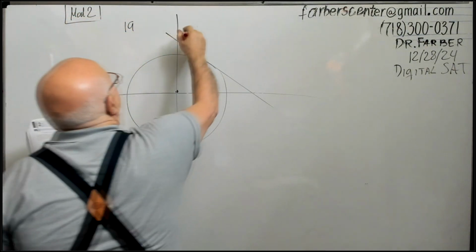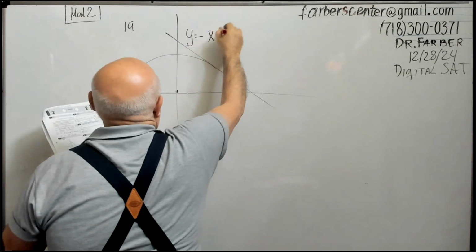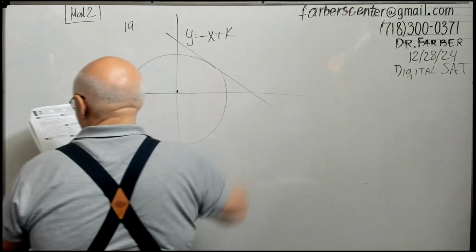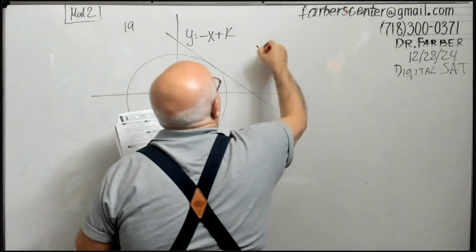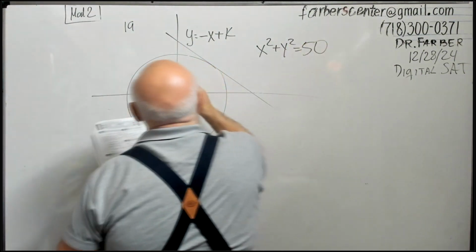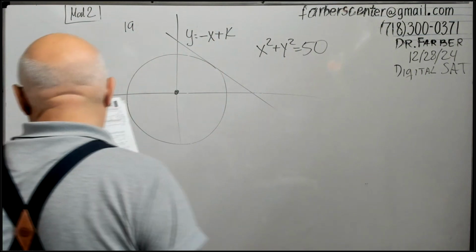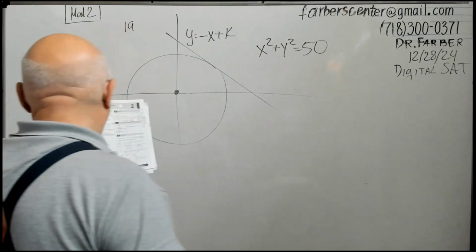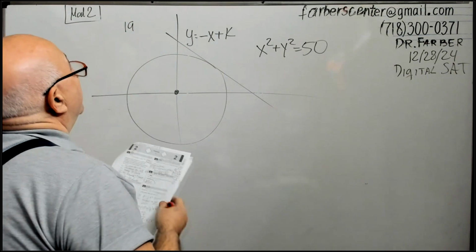And this line is y equals negative x plus k. The circle is x squared plus y squared equals 50. Center goes through the origin. If the graph is tangent, you have to find k.